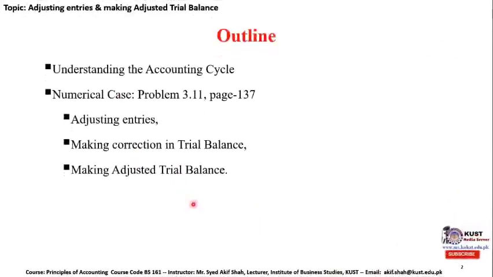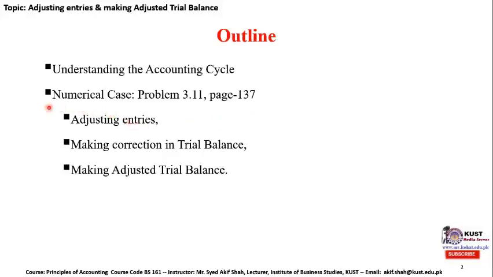The outline of this lecture comprises the discussion related to the accounting cycle, and to understand how to complete the accounting cycle, which consists of a series of steps. For that, we have selected a numerical problem, which is problem 3.11 on page 137 of the recommended book.